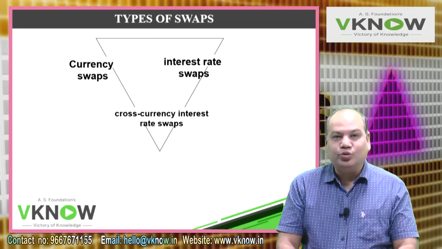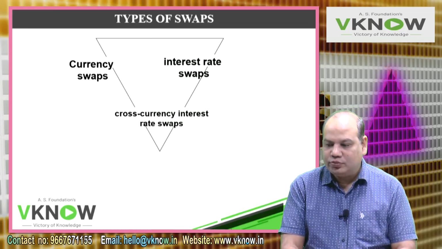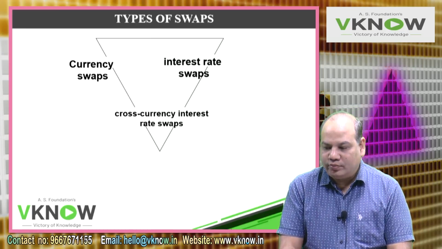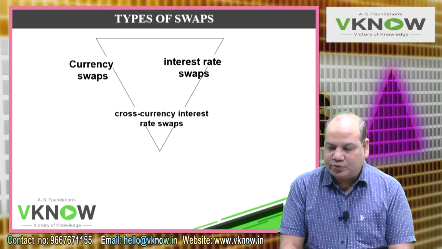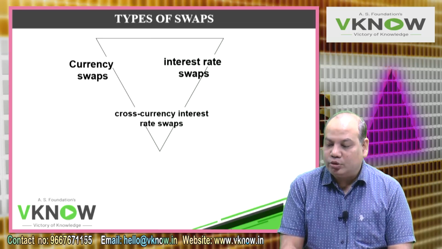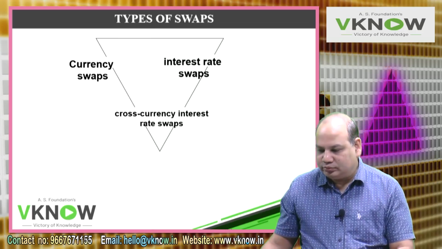Okay, now we'll come to the next discussion, types of swaps. So that is what we'll study today, different types of swaps. One is called currency swap, second is interest rate swap, on which we have many questions, and the third is cross currency interest rate swap.